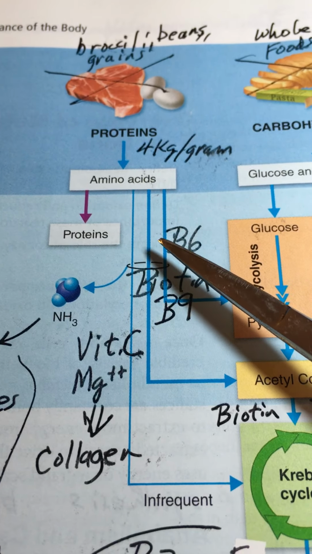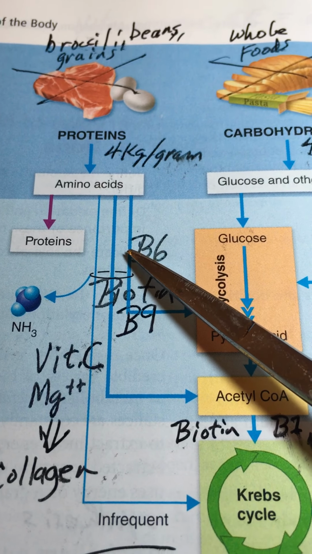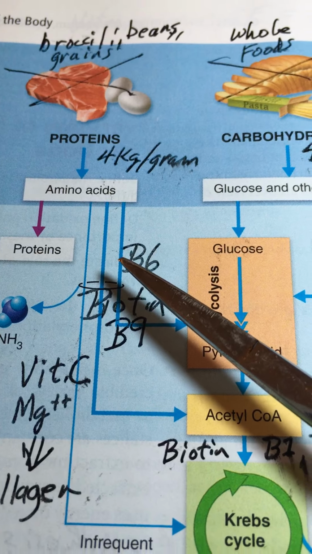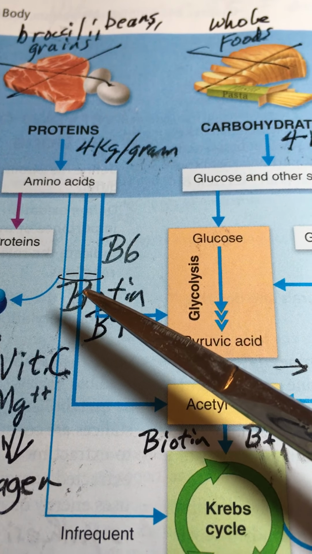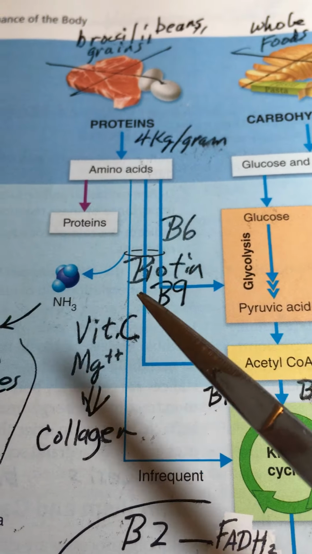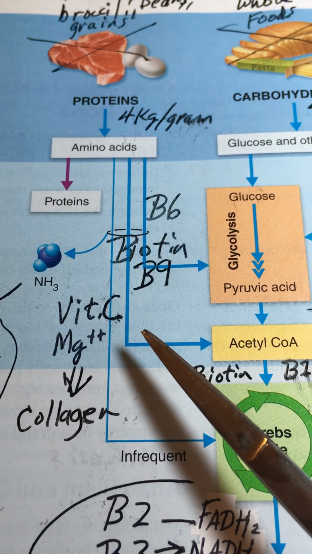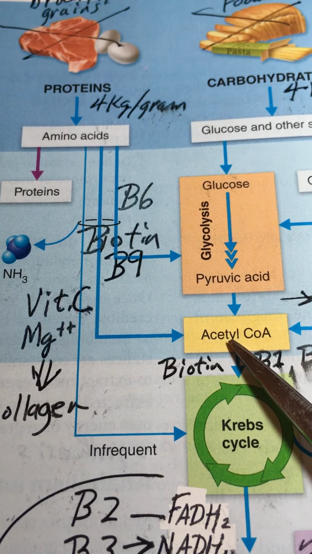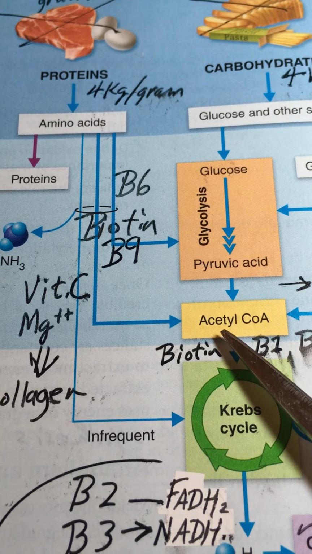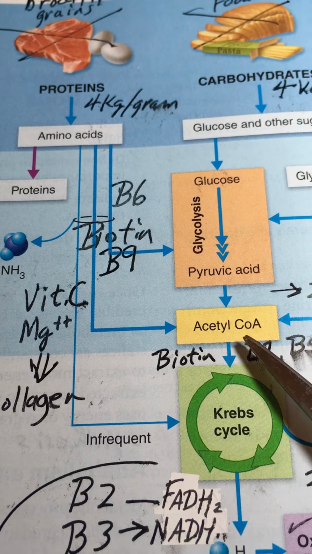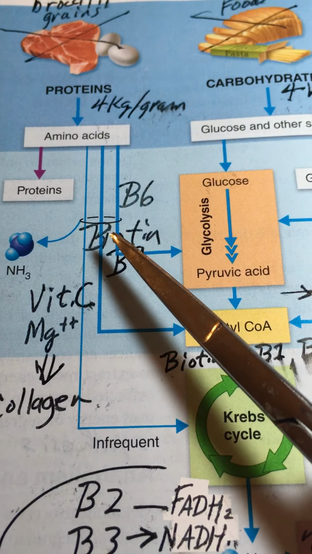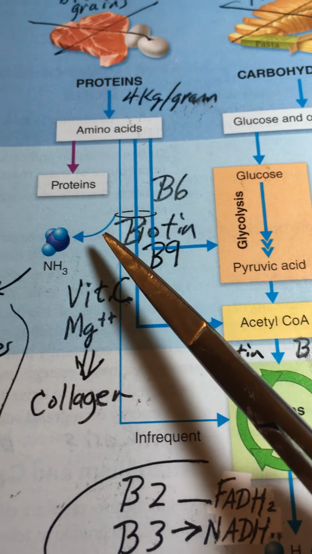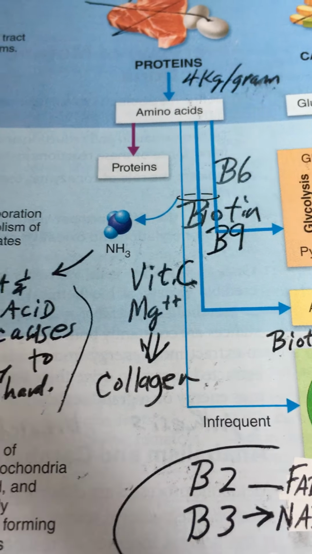We can actually exchange one amino acid for another. Once we have the 8 essential, we can make all 20, one into another. And ultimately, in order to utilize this as energy to enter the Krebs cycle as acetyl-CoA, I need to take off the amino group and just leave the acetyl portion of the amino acid. Okay, so I'm taking off the amino group. Here it is now. It came off.